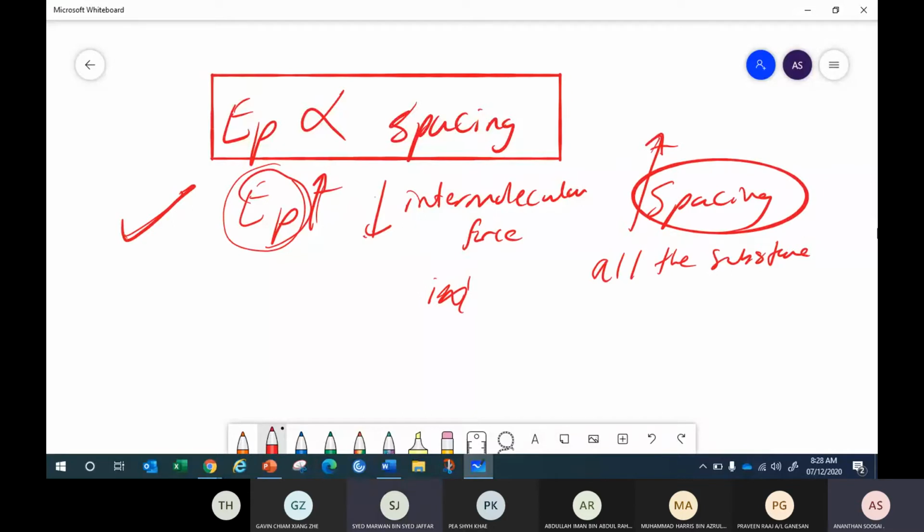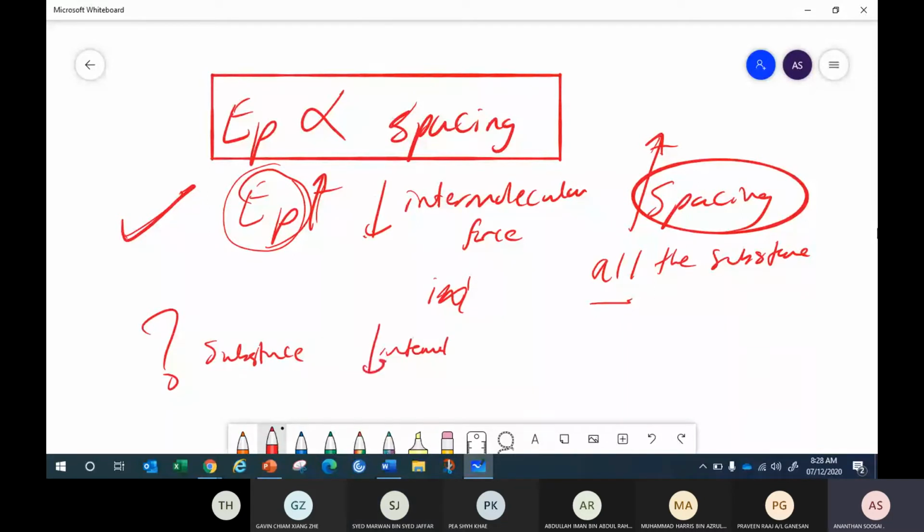But for all substances, when the intermolecular force gets weaker, does spacing rise? Is there any substance where the intermolecular force gets weaker but the spacing decreases? Do you have any substance?